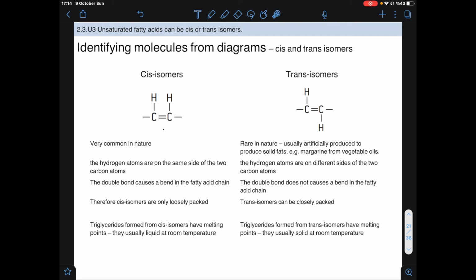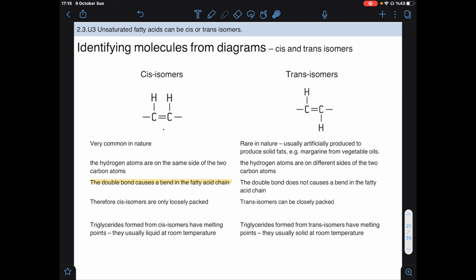In cis isomers, we see that 2 of these hydrogens, they're on the same side. So this means that they can be bent because there's nothing here that's preventing them from bending. So we can say that the double bond causes a bend in the fatty acid chain. So this is the double bond, by the way.